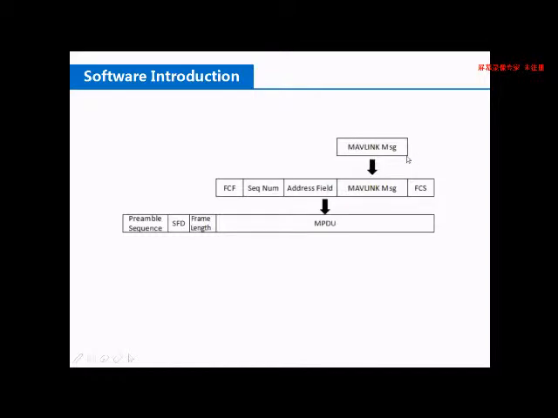Then the Mavlink message will be transferred to the radio transceiver, and this is the MAC protocol data unit, also called the MPDU, in the MAC layer. Then the MPDU will be transferred to the physical layer and be packed into the physical protocol data unit, also named the PPDU.